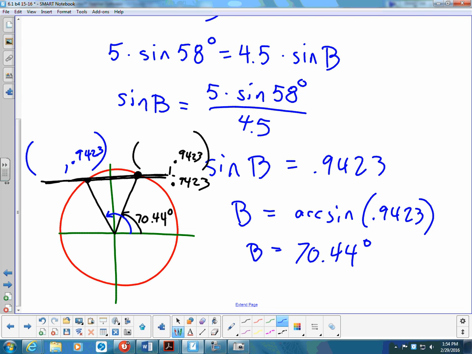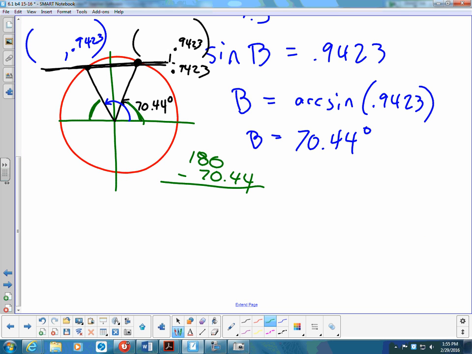Okay. If this angle here is 70.44, then what's this angle going to be? How are we going to find that? Subtract, Leah? 180 minus 70.44. Because if this angle over here is 70.44, that means this angle over here is also 70.44. So to find this angle in blue, I take 180 minus 70.44, and that gives me what? 109.56 degrees.